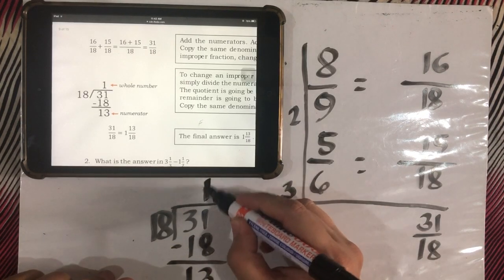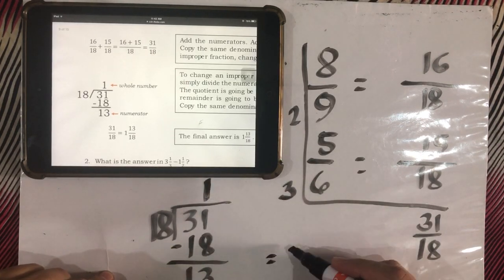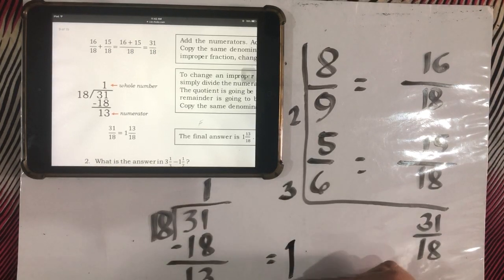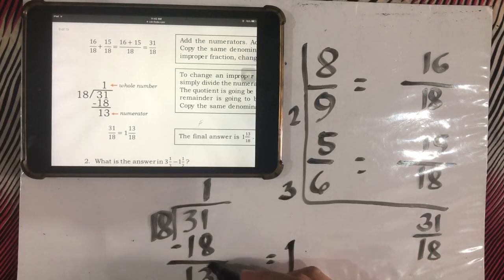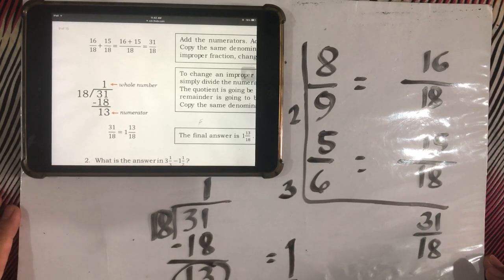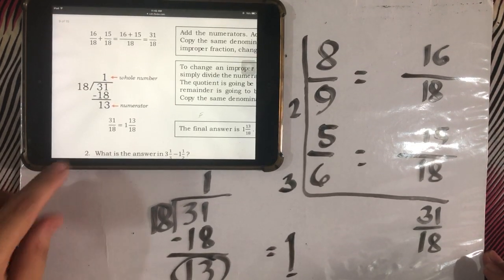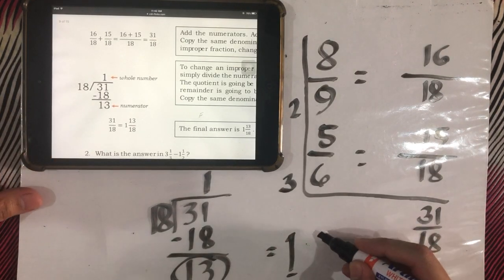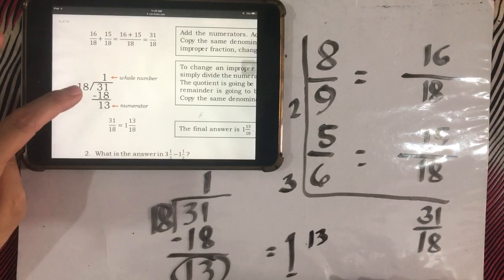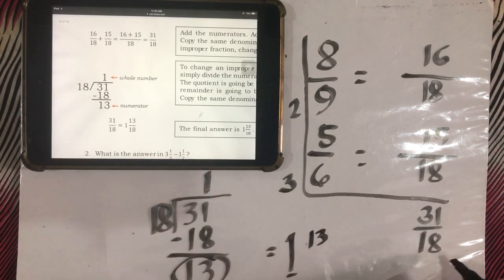So this 1 will be the whole number, and then the remainder, 13, will be the numerator. And the denominator from earlier, 18, will still be the denominator.